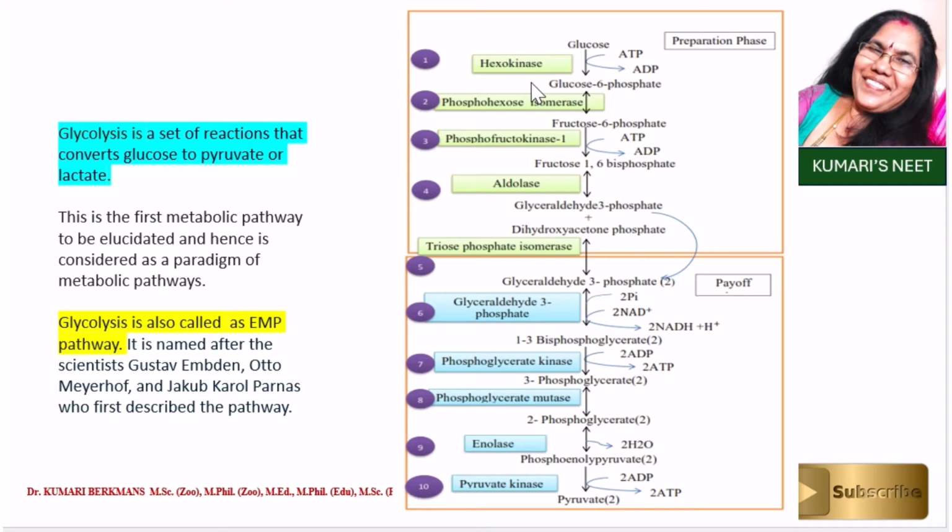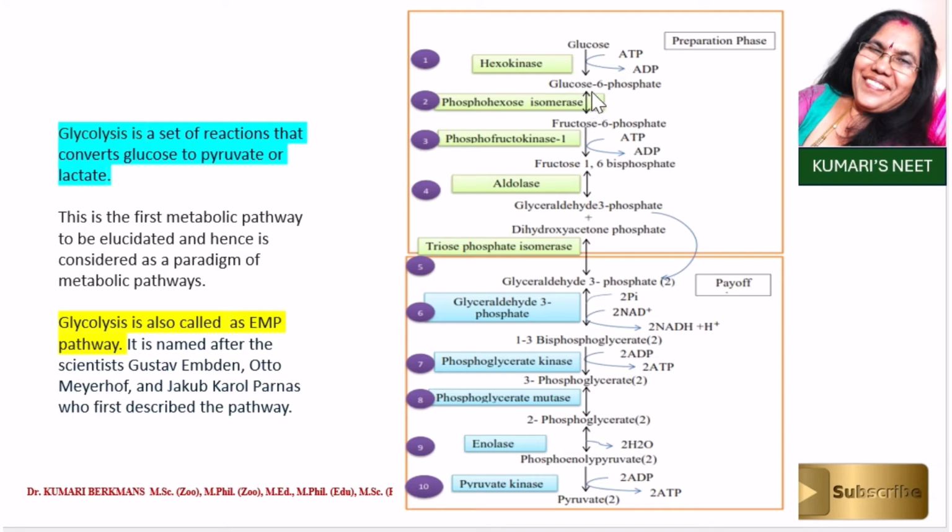The enzyme which is involved in this is hexokinase. So here ATP is converted into ADP, adenosine triphosphate, adenosine diphosphate. Okay, so this reaction, what is happening here? The glucose is converted into glucose 6-phosphate. The enzyme which is involved in this is hexokinase.